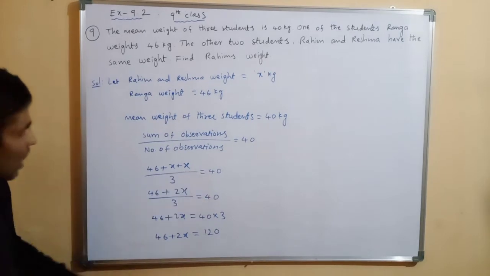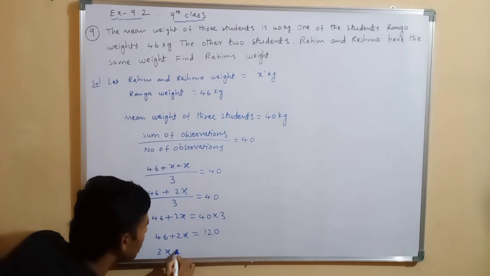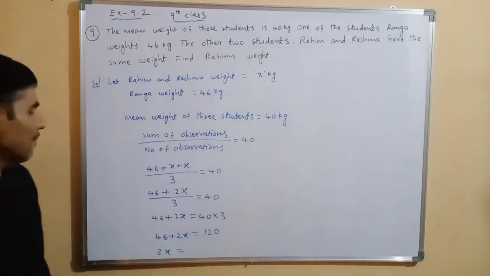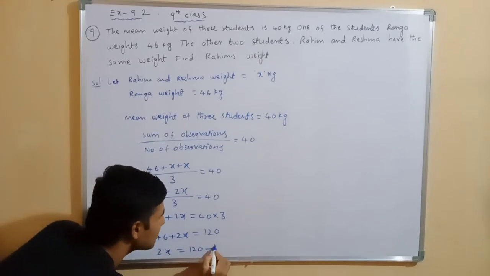Now 2x stays on its own. Plus 46, when we transpose to that side, becomes minus 46. So 120 minus 46.